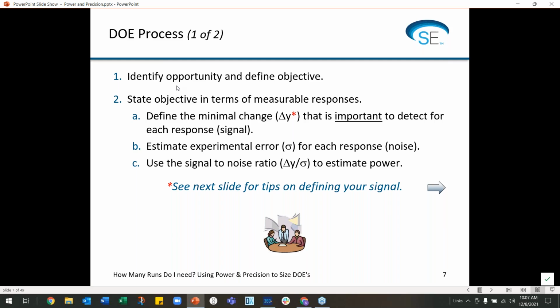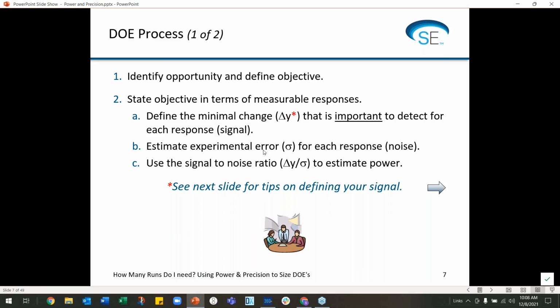After you do that, we want to quantify your objective so that we can properly size the design. This consists of a few parts. Part A is defining the minimum change in the response that's important to detect. That's your signal. What's the smallest change in the response that's important to you? I'm going to describe this a little bit more on the next slide.